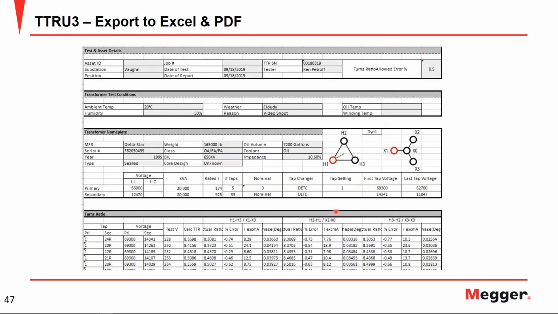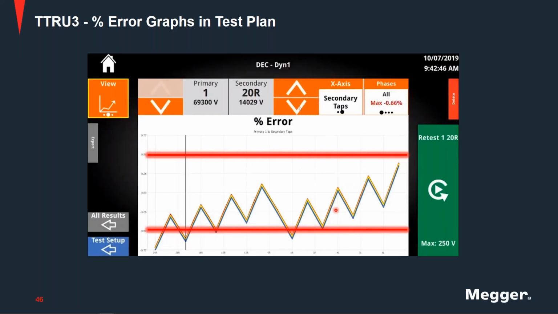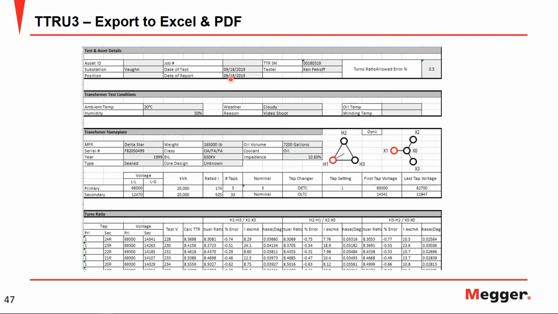Finally, when it is time to export and report your results, we provide that same information that you were seeing on this previous screen right in an Excel report. Depending on the information that you filled out in the test plan, the asset details, the test conditions, the nameplate, all of that will be present in the report itself, along with all of your turns ratio results, the percent error, the excitation current, and the phase deviation.